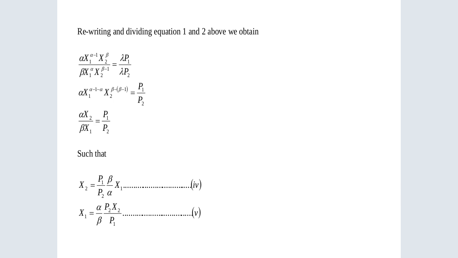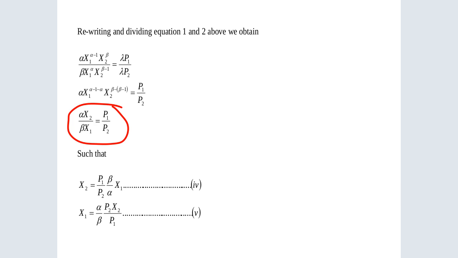The lambdas cancel out, and you have done the indices and the surds. So if you cancel out, the final solution that you get is alpha x2 over beta x1 equal to the price of good 1 over the price of good 2.